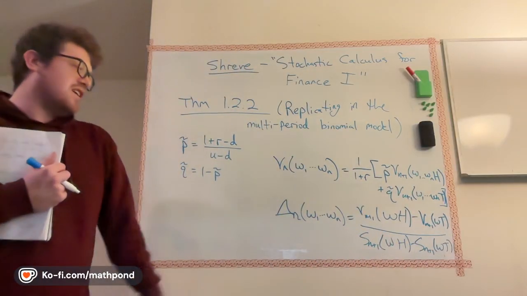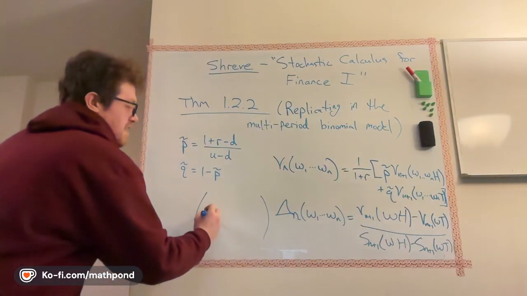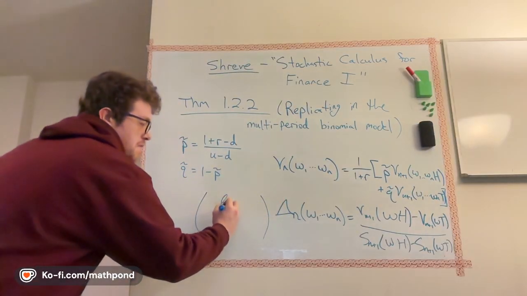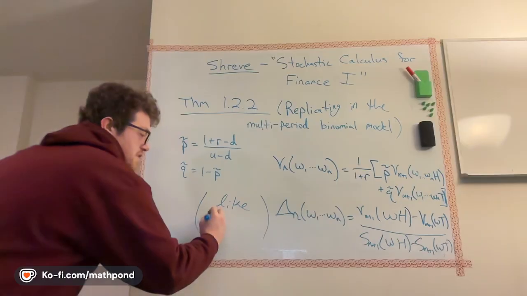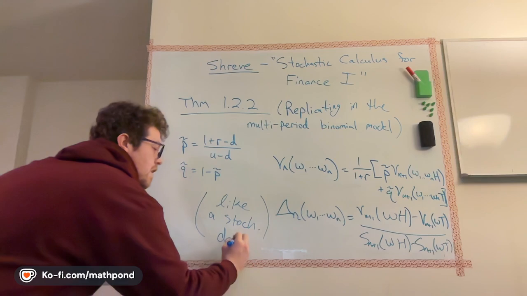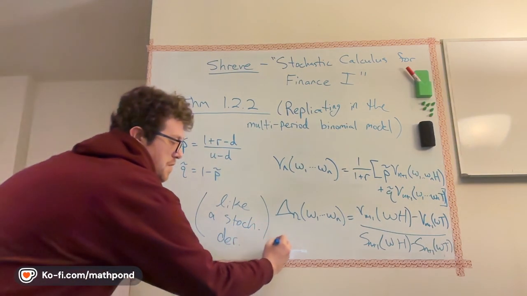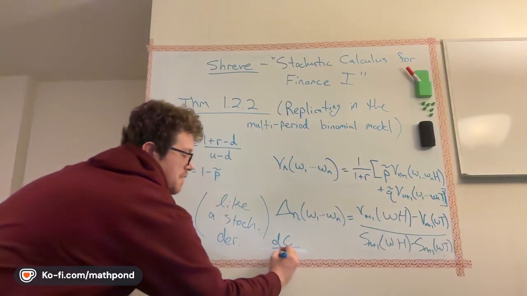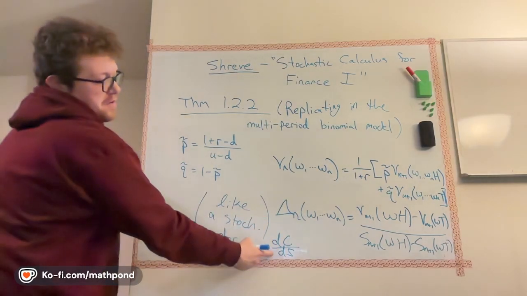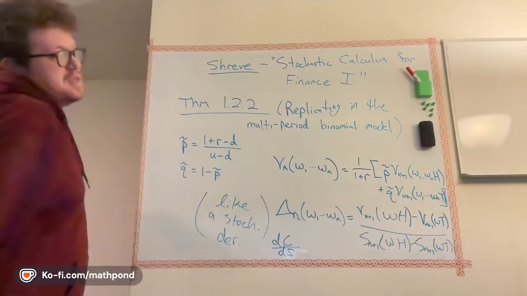Here I'll put it in parentheses, but if you take the limit in the continuous version, this is like a stochastic derivative, the differential of the price of the option divided by the differential of the price of the stock.